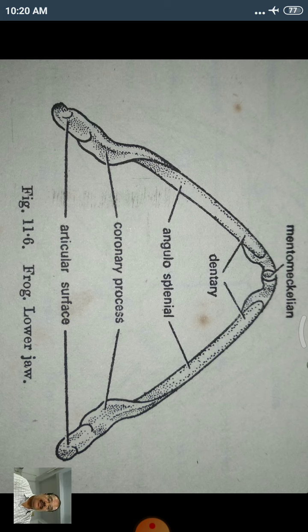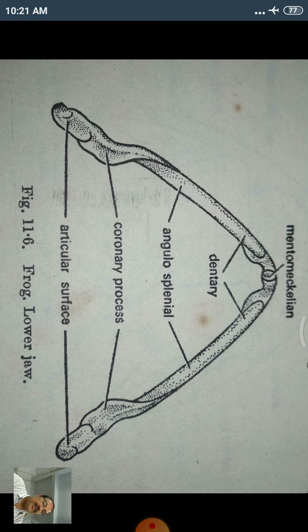So, the lower jaw has two rami joined in front by elastic ligament. Each half has a core of Meckel's cartilage covered over by the angulosplenial posteriorly and dentary anteriorly. The anterior end of the Meckel's cartilage ossifies into a mento-Meckelian bone.